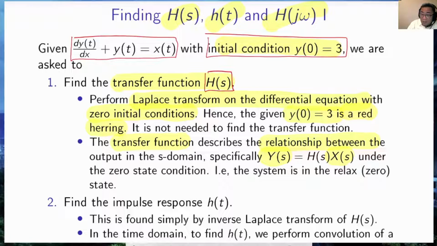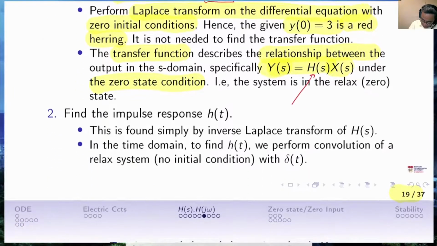In the time domain, x and y are related by derivatives, but in the Laplace domain, X and Y are related by divisions and products. So Y(s) equals H(s) times X(s). Always remember, when we are interested in the transfer function, it is the zero state condition, or sometimes called a relaxed condition.